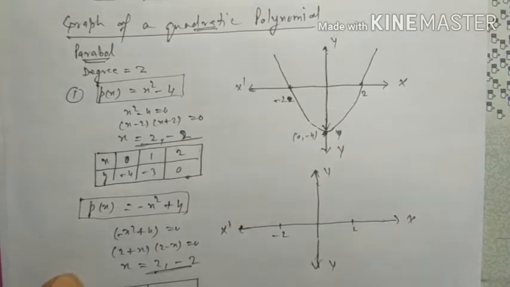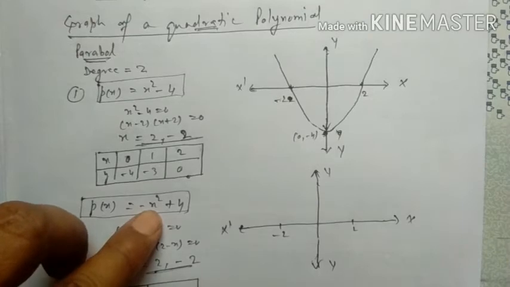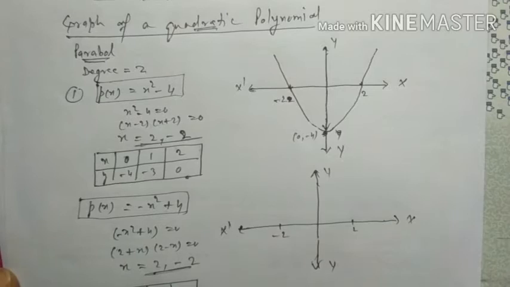When we put x equal to 0, we get y equal to 4, and x equal to 1, y equal to 3, and so on. Now plot these points. These 2 points are the zeros.